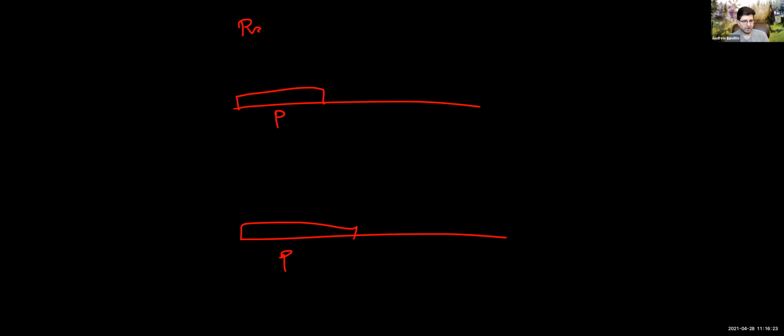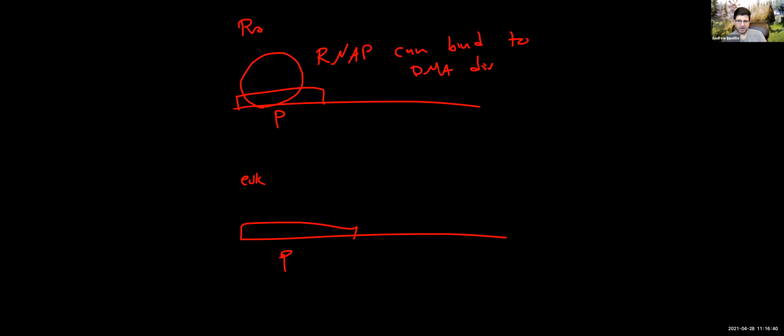In prokaryotes versus eukaryotes. In prokaryotes, RNA polymerase can bind to DNA directly. There's just one RNA polymerase. There's not RNA polymerase 2, it's just RNA polymerase. It does all of it.